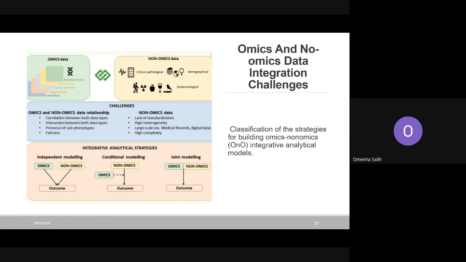Integration depends on using statistical analysis, definitely. After you get your omics data, then you need to study the integration of non-omic data into your data sets. And these have different software.